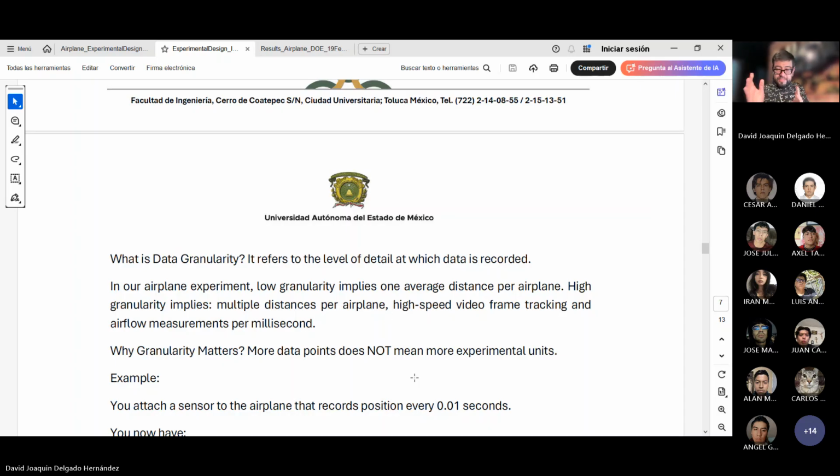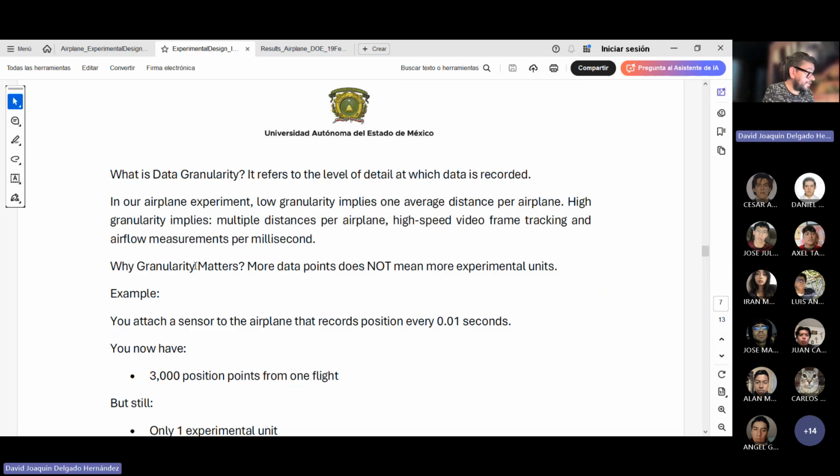Do you remember that in the classroom, we threw each airplane 3 times? That is granularity. When I have just one measurement, that is not granularity. So I have to have more measurements, and it is better for my intelligence system.